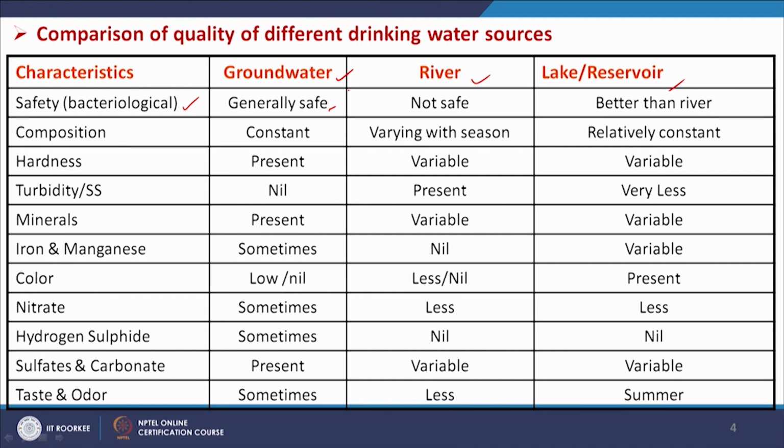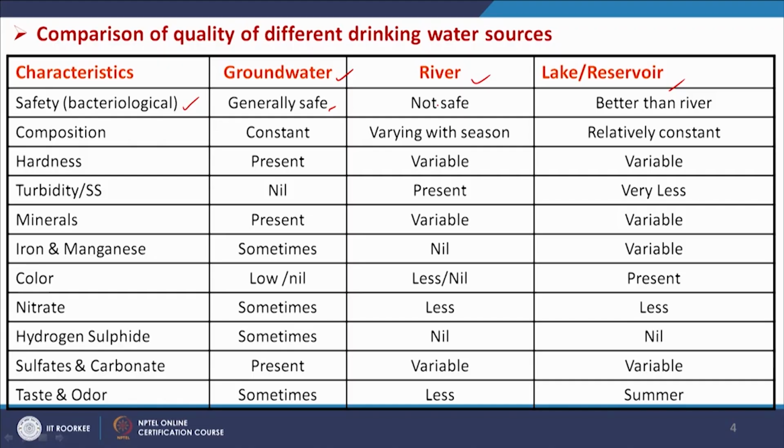So the safer sources are preferably used for drinking water generation. Groundwater is used to a higher extent, but when the river water is not that contaminated, then certainly it is used. Lake and reservoir water are less contaminated than river water and mostly used for drinking water.